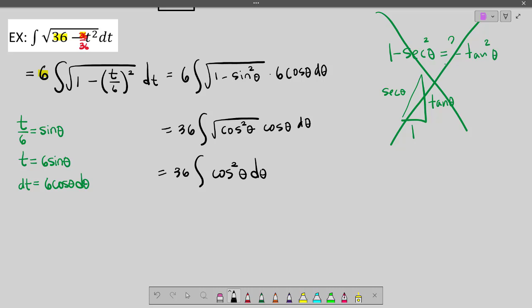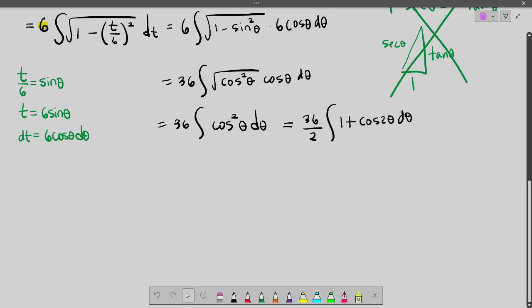And then how do we integrate? Reduce the power. Reduced power: 1 plus cosine of 2 theta divided by 2. We'll put the divided by 2 on the outside. So this will be 18, and then integrate. The integral of 1 is theta. The integral of cosine is sine.